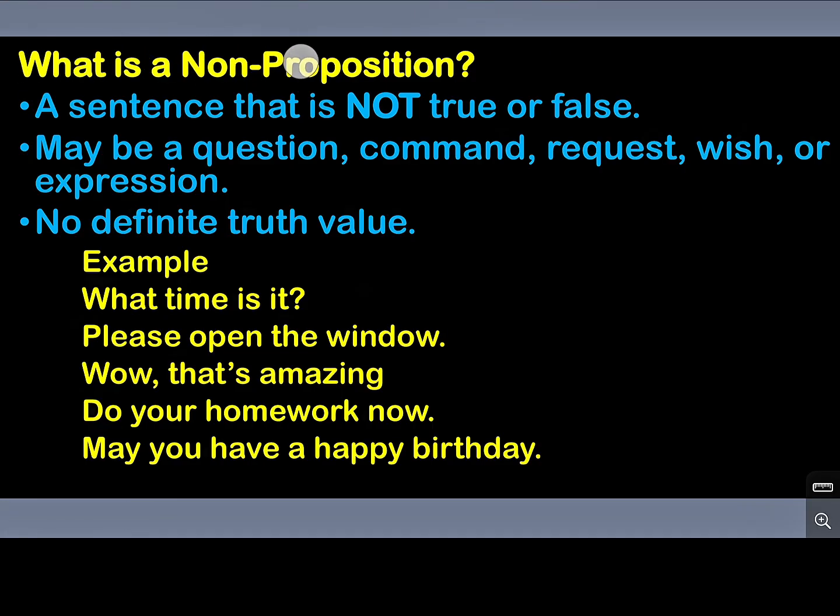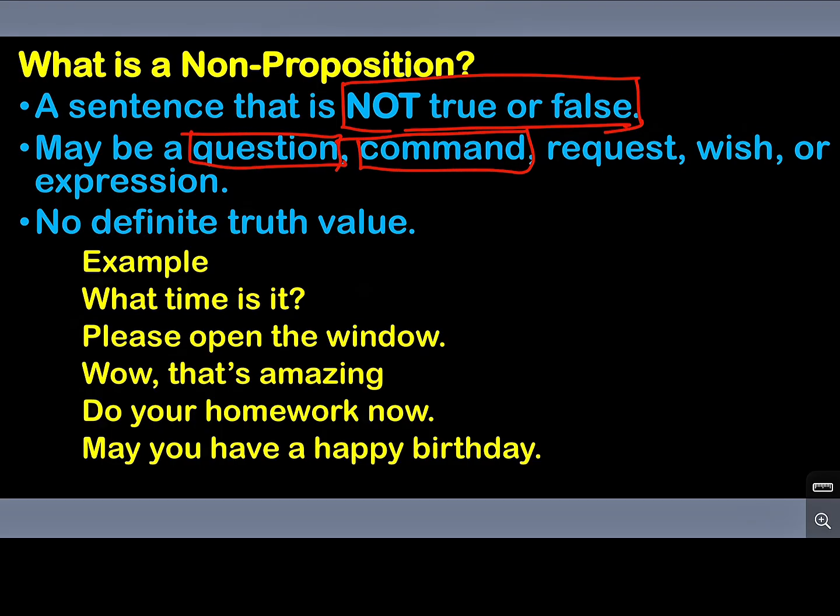it's not an expression. Now let's move on to non-proposition, the counterpart of proposition. A non-proposition is a sentence that is not true or false, or cannot be answerable by true or false. It may be a question, command, request, wish, or just an expression.